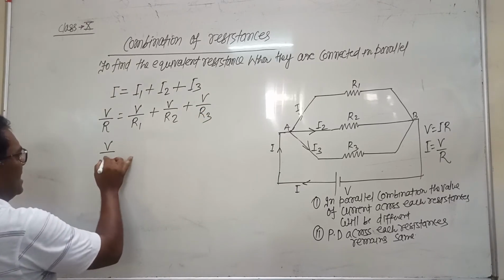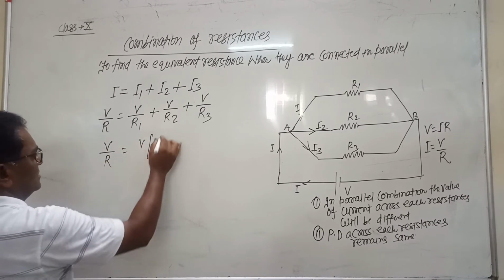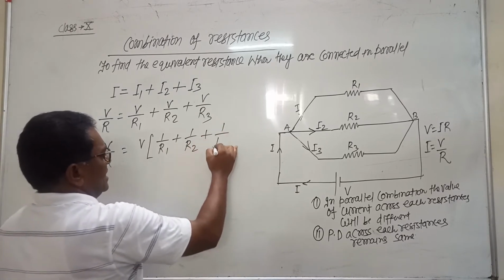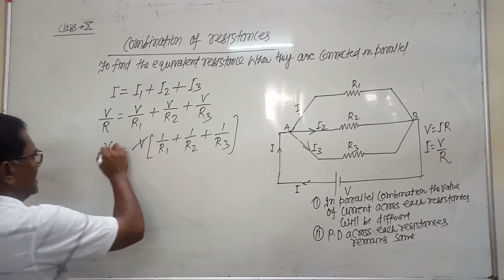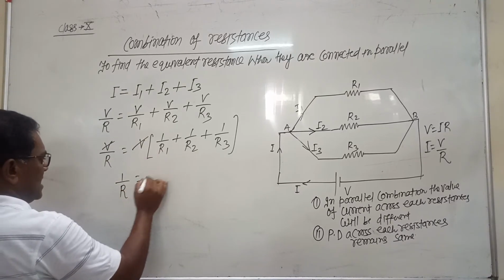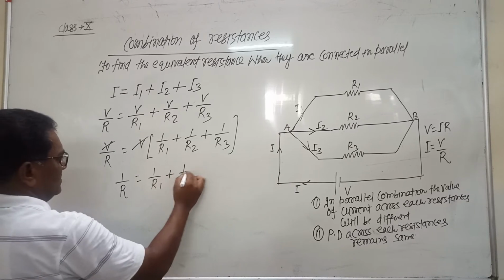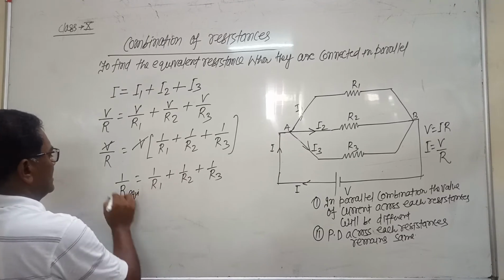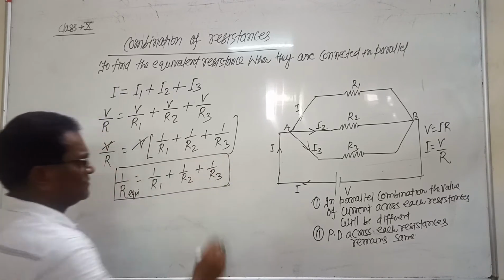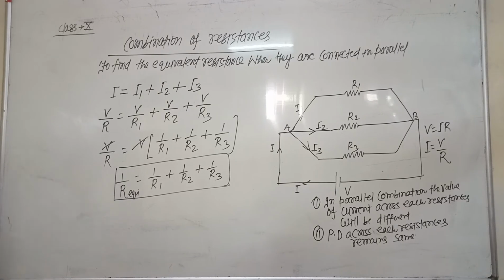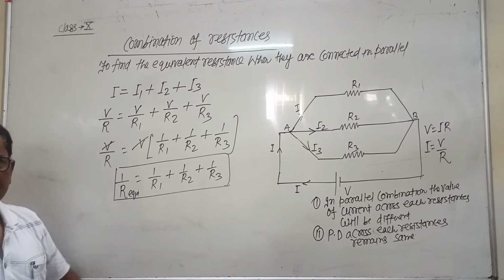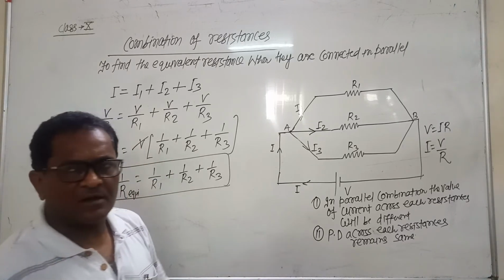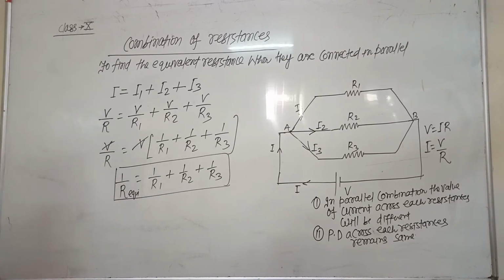So V by R, V taken common, so 1 by R1 plus 1 by R2 plus 1 by R3, and V gets cancelled and 1 by R equals 1 by R1 plus 1 by R2 plus 1 by R3. So this is the R equivalent. This is the formula for finding the equivalent resistance and total resistance when three different resistances R1, R2, R3 are connected in parallel.